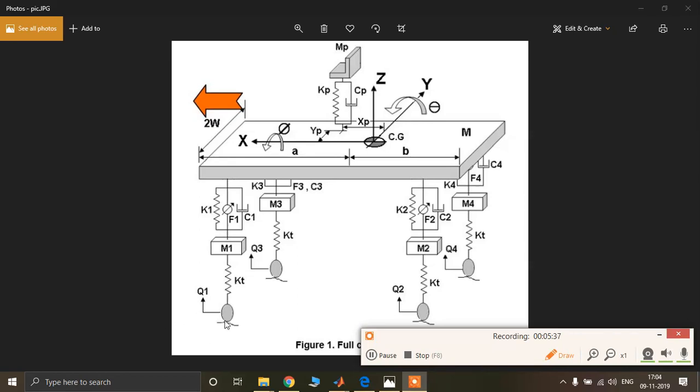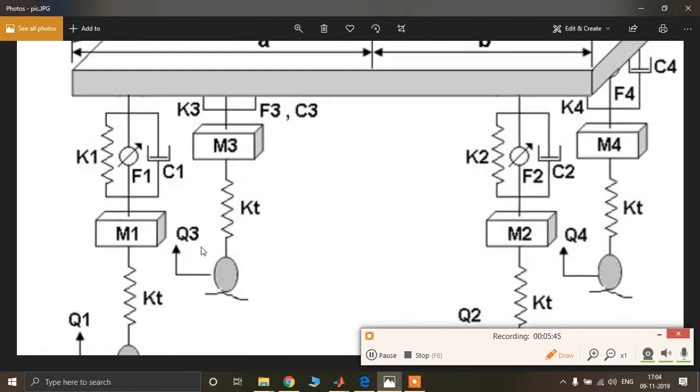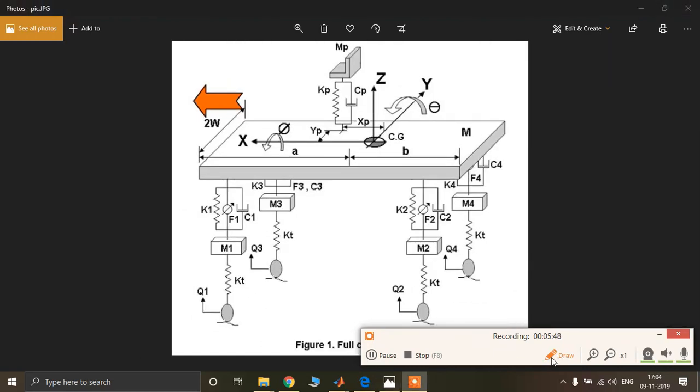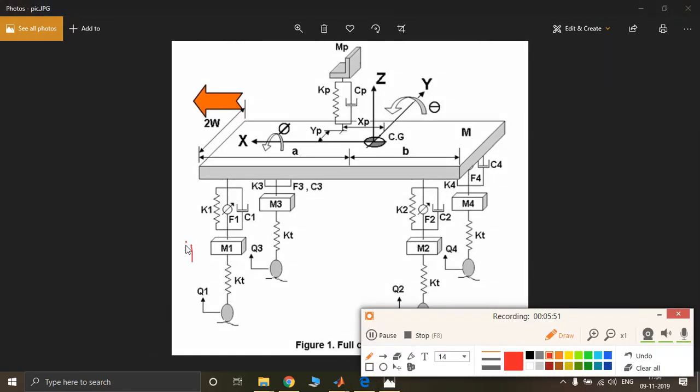As it goes over the undulation, suppose this will go up, so it will be left front bounce, right front bounce, left rear bounce, right rear bounce. So we got four now. The fifth one will be the whole sprung mass of the body, so the body bounce will be the fifth degree of freedom.